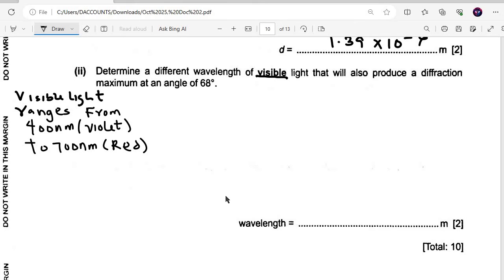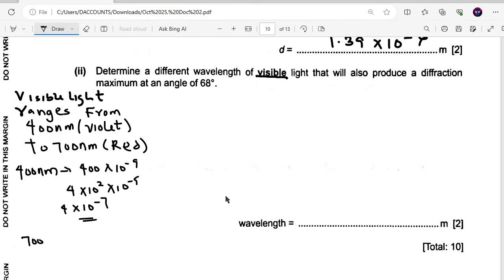400 nanometers is 400 times 10 to the power minus 9, which is the same thing as 4 times 10 to the power minus 7. And 700 nanometers is the same thing as 7 times 10 to the power minus 7.